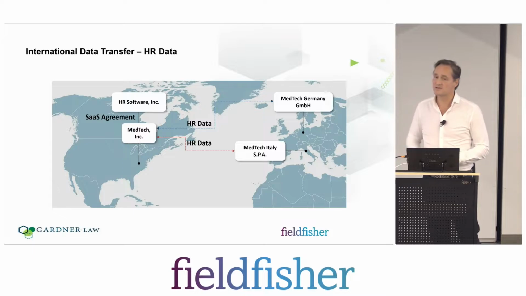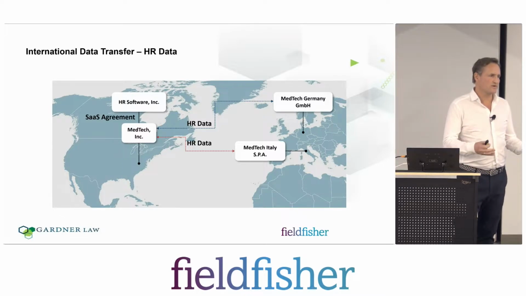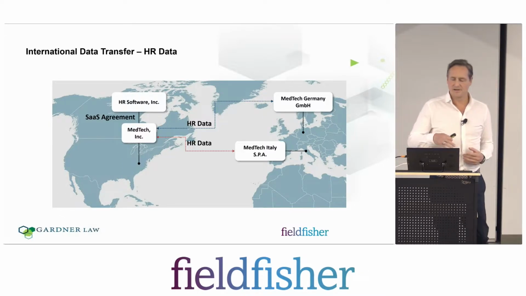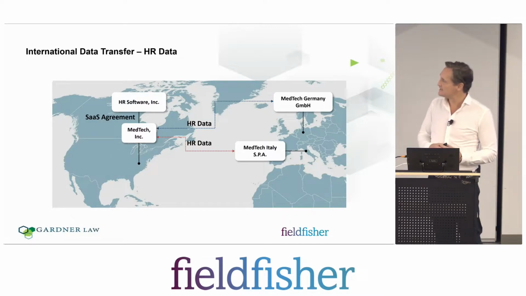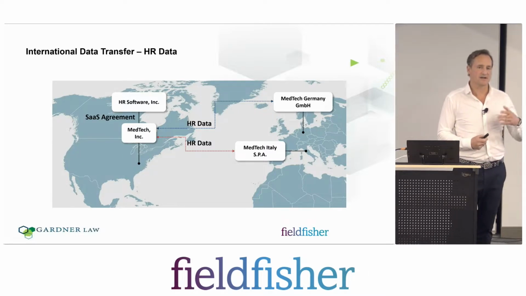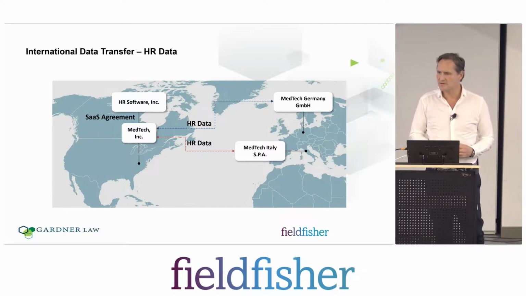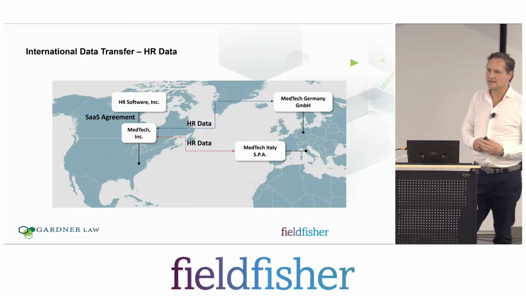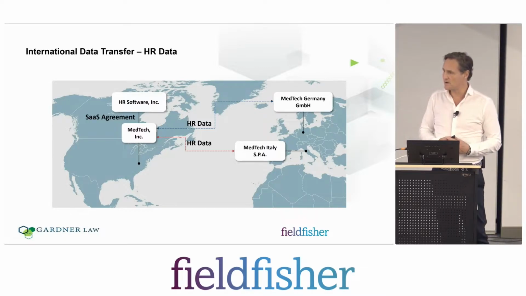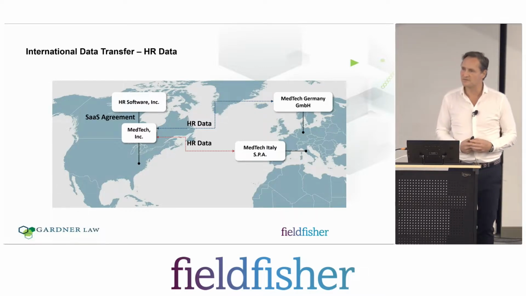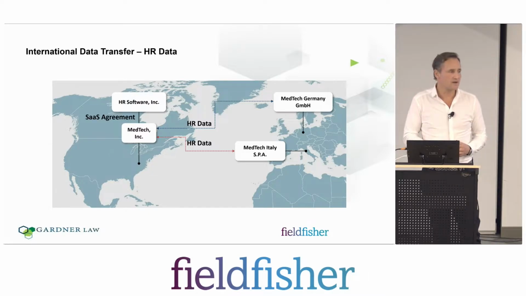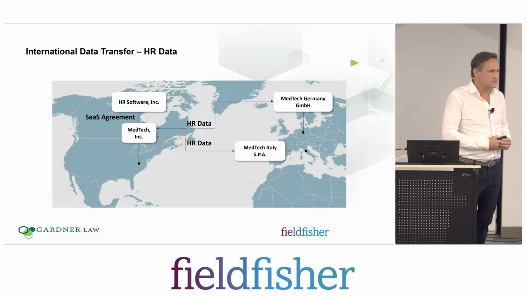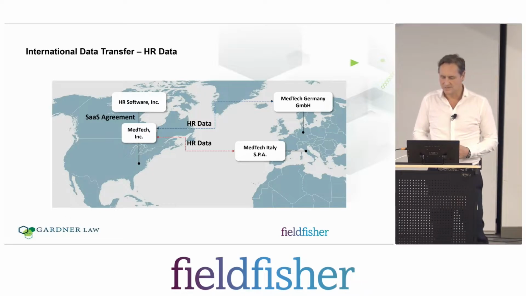They have a software as a service agreement with a company that provides them with an HR software, and then they give sub-licenses to their European entities, and the entities use the software in order to process and transfer HR data into their headquarters. That's a very typical scenario, and HR data is, by the way, one of the most important fields of GDPR compliance, and that is a scenario where the requirements for international data transfers come into play.